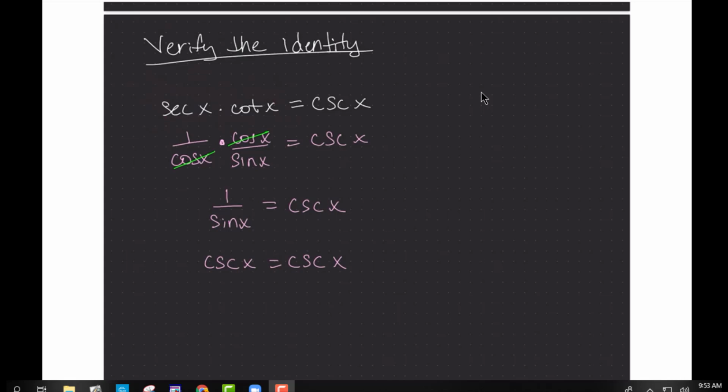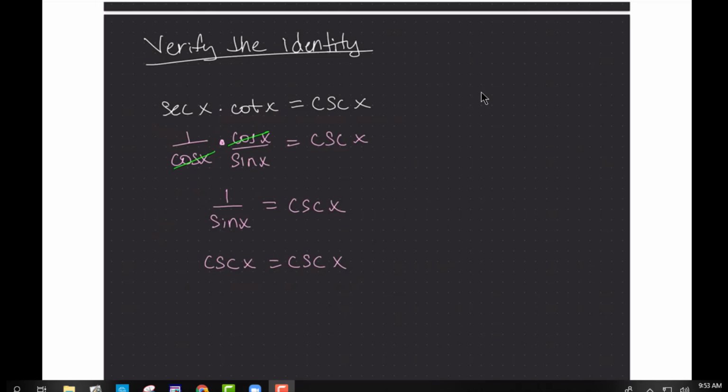Right. So a couple things. When it comes to your homework, you could write out the problem, and then jump right down and tell me that, of course, cosecant of x equals cosecant of x. That ain't going to fly, right? So when you are doing your homework, all of this in the middle, you have to have that on your paper.